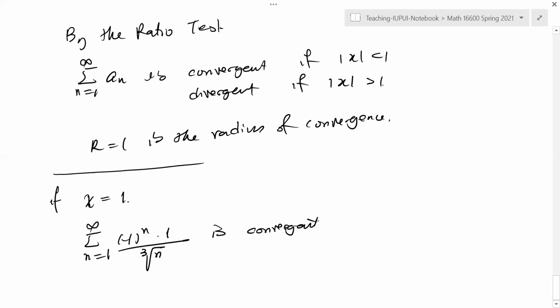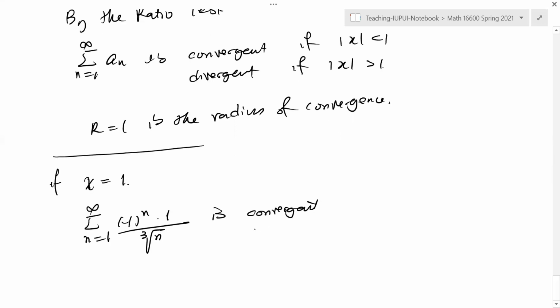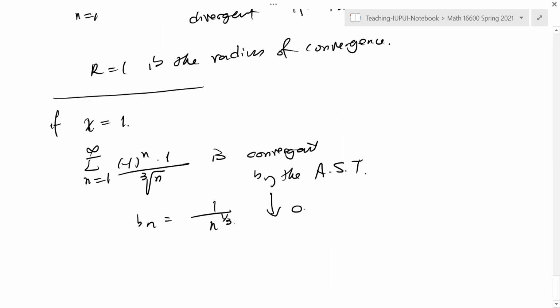You know why? This is by the alternating series test, because this term b_n is decreasing to 0. That's it, it's obvious.